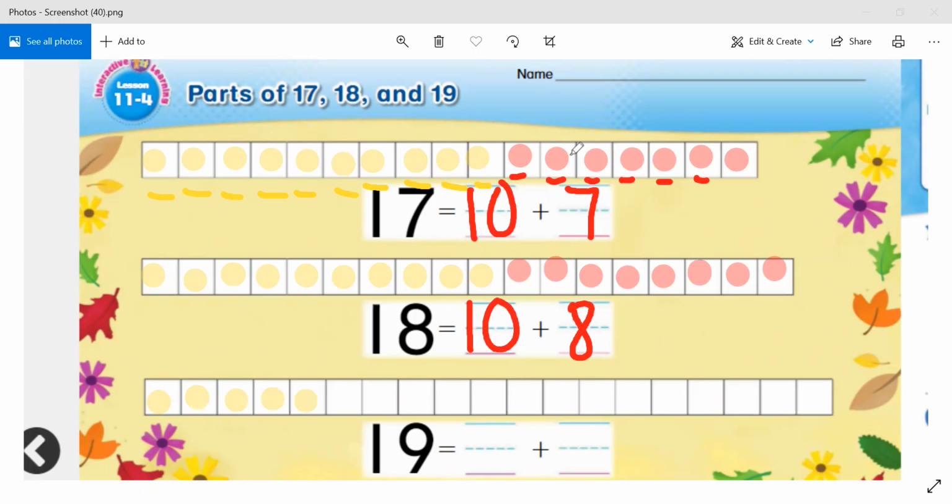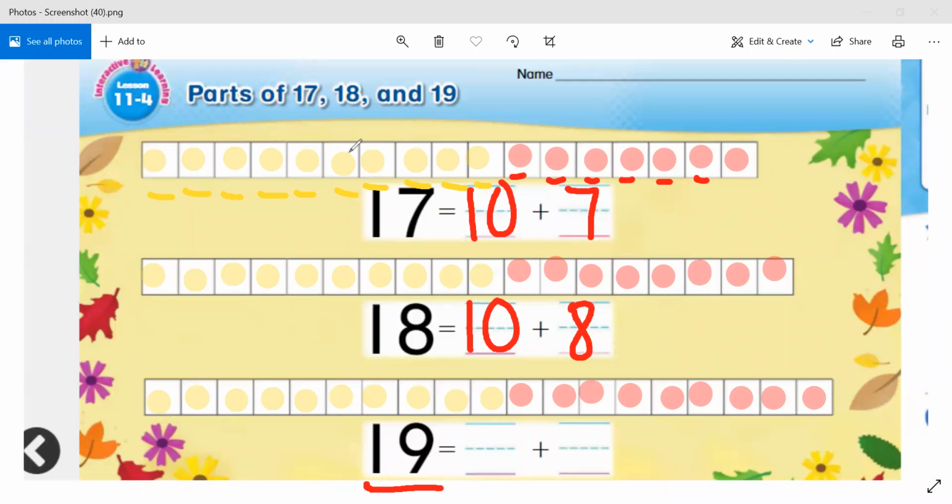That's 4, 5, 6, 7, 8, 9, 10. So I have 10 yellow counters, and then I'm going to fill in the remaining with my red counters. 1, 2, 3, 4, 5, 6, 7, 8, and 9.